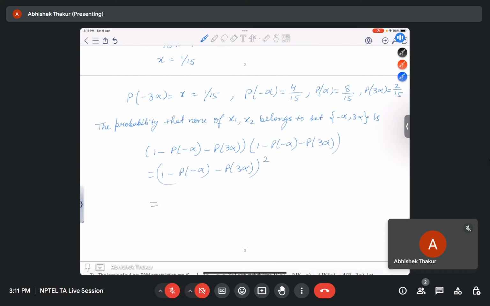So that is equal to 1 minus probability of minus alpha, which is 4 by 15, minus probability of minus 3 alpha, which is 1 by 15. So this is equal to 10 by 15 squared, after taking LCM 15 we get 15 minus 4 minus 1. That is equal to 2 by 3 squared, so it is equal to 4 by 9.